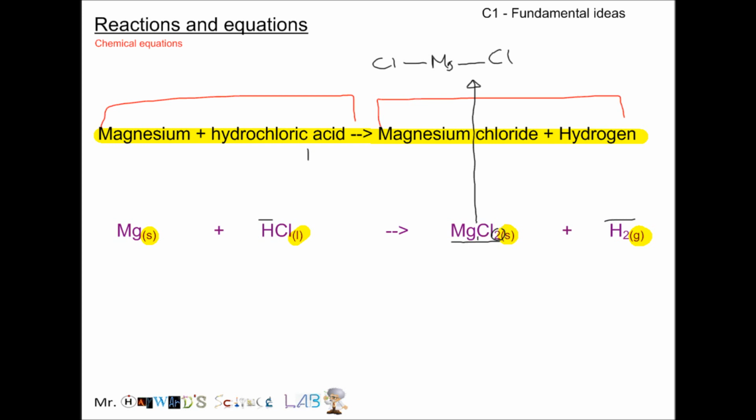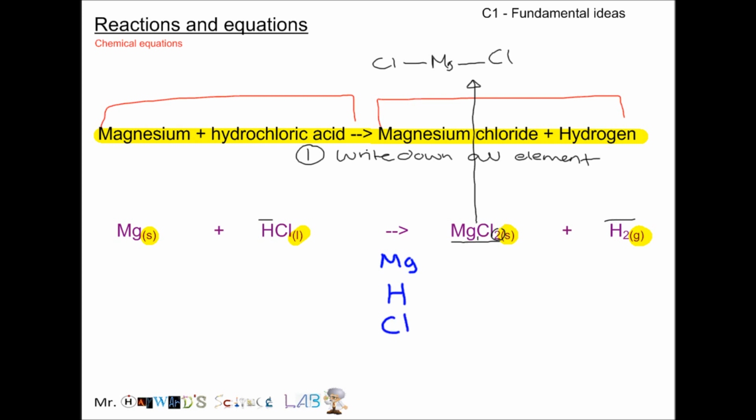Okay, the first rule is you have to write down all elements. Okay, it doesn't matter if they're in a compound, you write them down separately. So I don't want to see this, HCl. That's not an element. Okay, I want to see them written down as their elements. So you've got magnesium, you've got a magnesium atom, you've got a hydrogen atom, and you've got a chlorine atom.